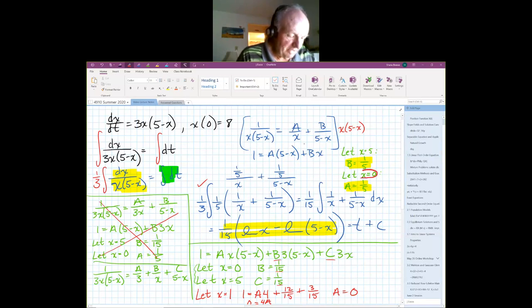Then we let x equal 0, which wipes out that term, gives us 5a, and so a equals 1/5. So they should both be positive 1/5 right there.